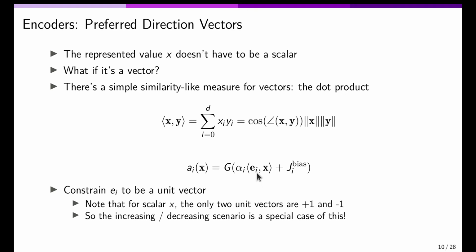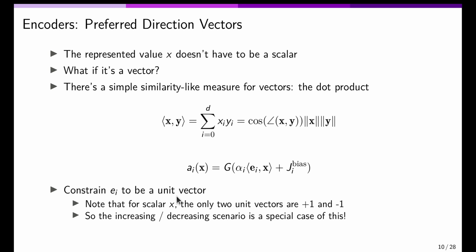One extra constraint we're going to put on ourselves is that this encoding vector, this preferred direction vector, which indicates what this neuron likes, we're going to constrain to be a unit vector, basically because that means this term in the similarity disappears.